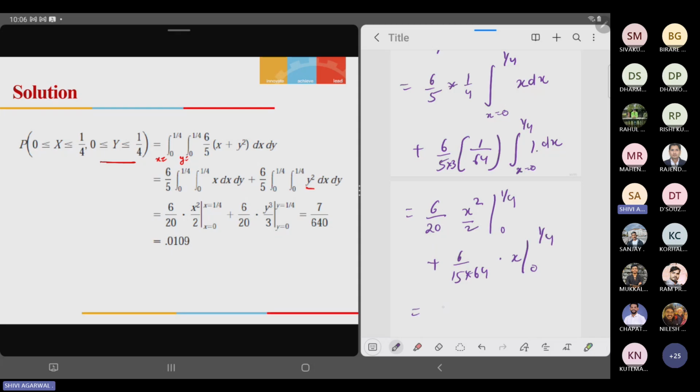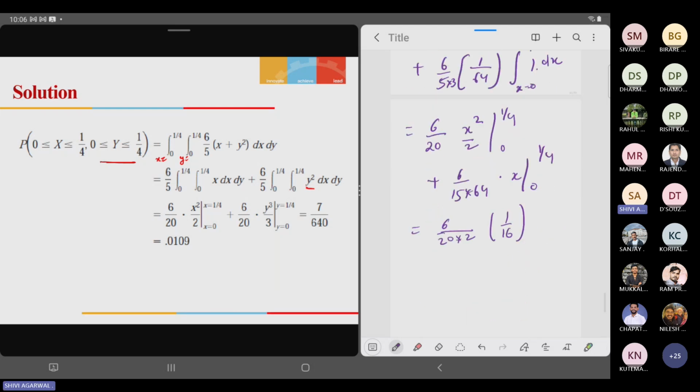Now we applied 6/20 and multiplied by 2, and here it will become 1 by, plus that will become 1/4.